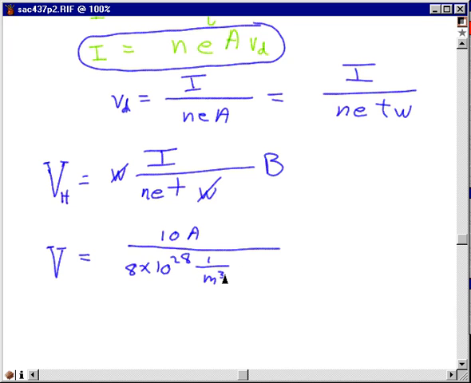Particle just counting number, so I'll just call it 1 over meter cubed, and then times the 0.5 Tesla, but we get more in the denominator, 1.6 times 10 to the minus 19th coulombs.